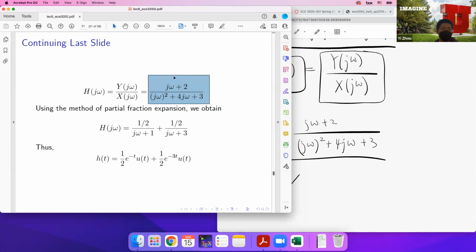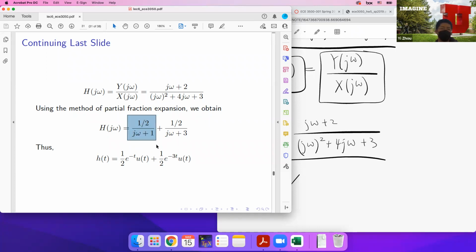But following a standard technique, you can decompose such a big fraction into, in this case, two smaller fractions. And if you look at this simplified form, you have two simple fractions.